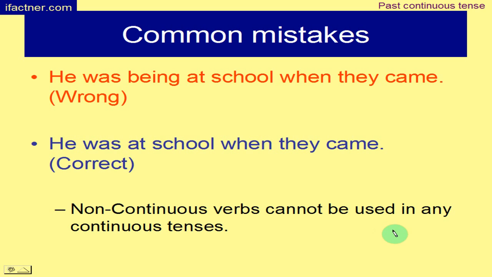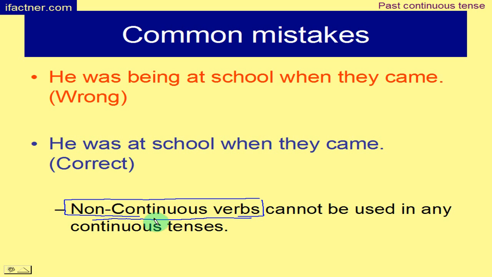So guys and girls, now we will discuss some common mistakes which we make. The first mistake is that there are some non-continuous verbs that cannot be used in the continuous tenses. And to know more about non-continuous verbs, please watch my tutorial on non-continuous verbs.